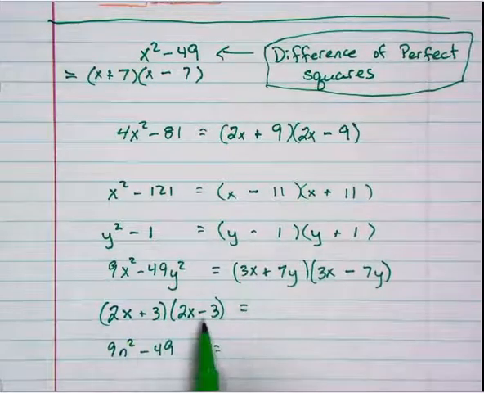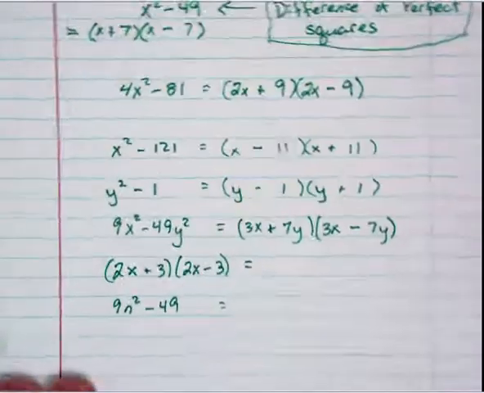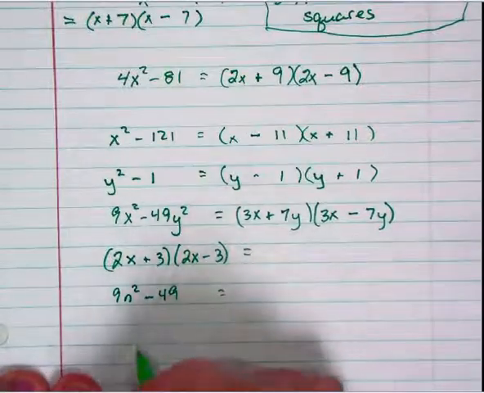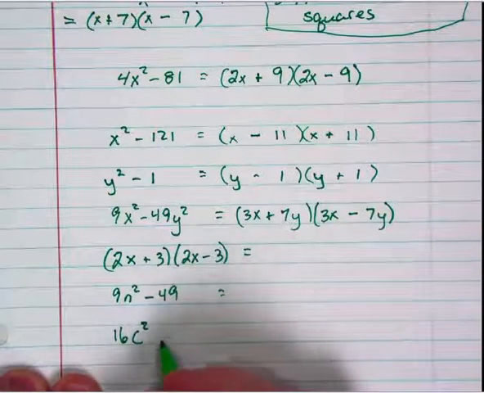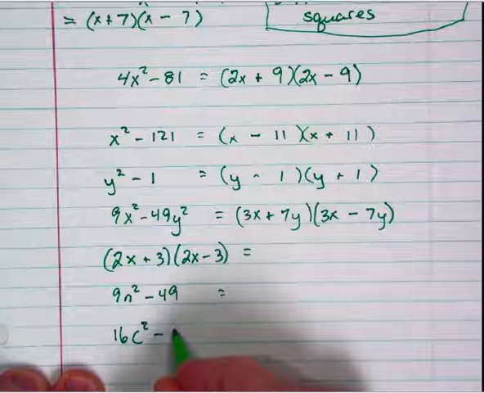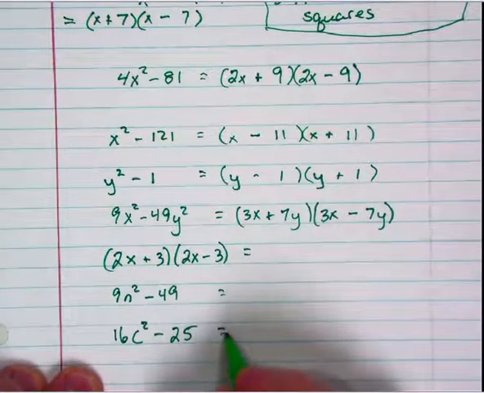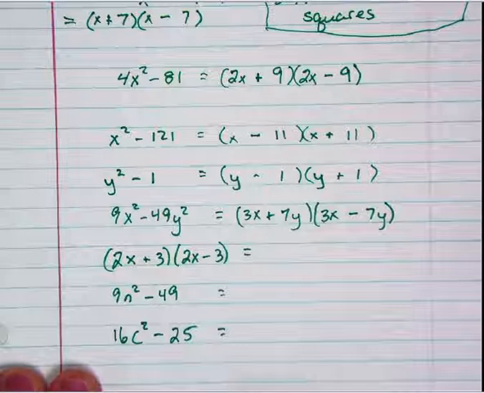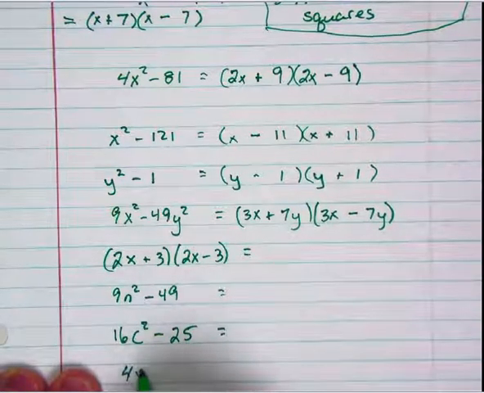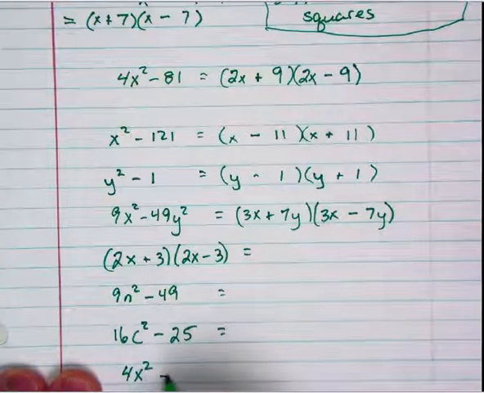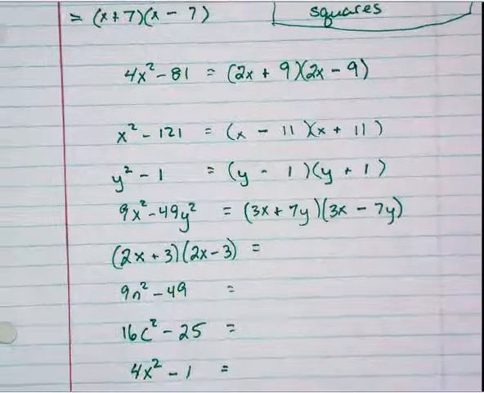This is a double distribution. This is a factoring by difference of perfect squares. How about 16c squared minus 25? Factor that. And then how about 4x squared minus 1? Okay, try those, pause it, and come on back.